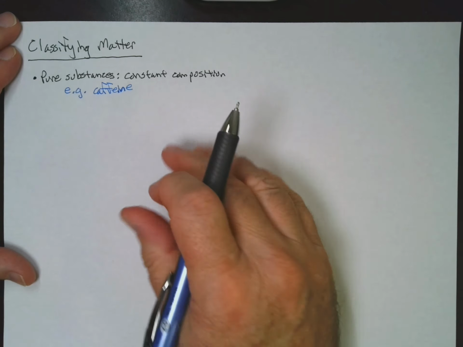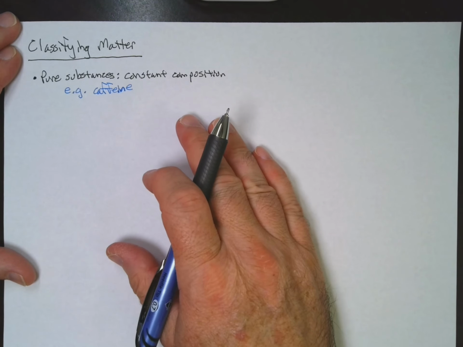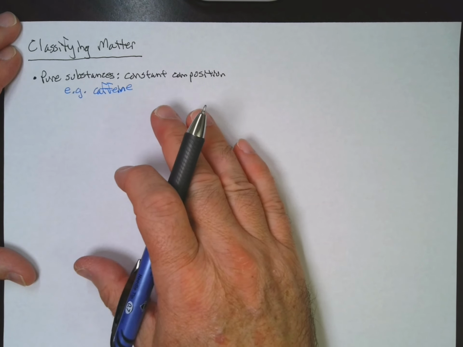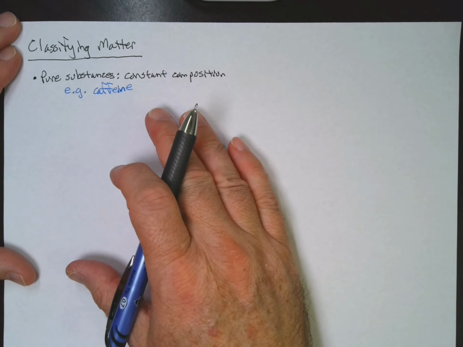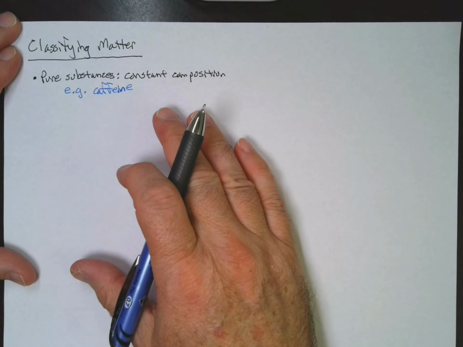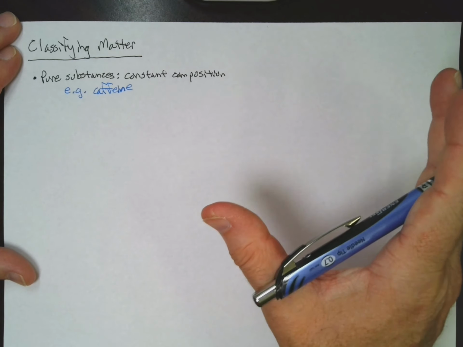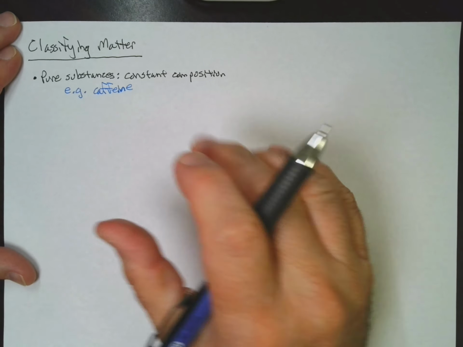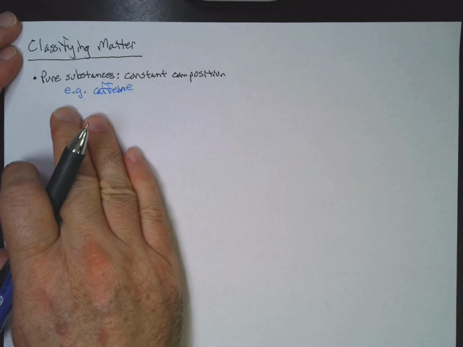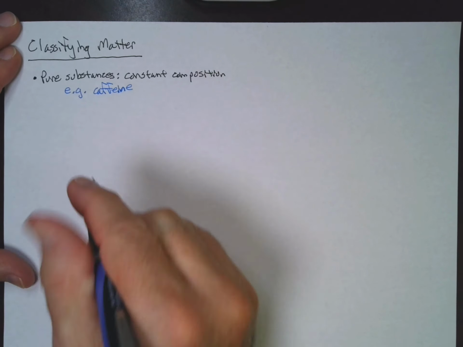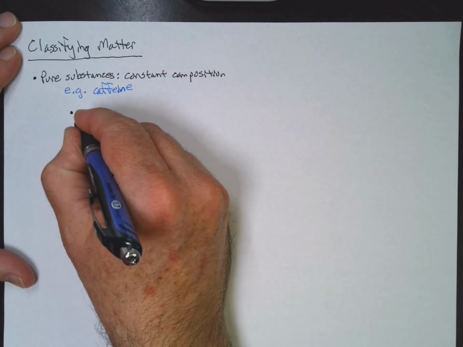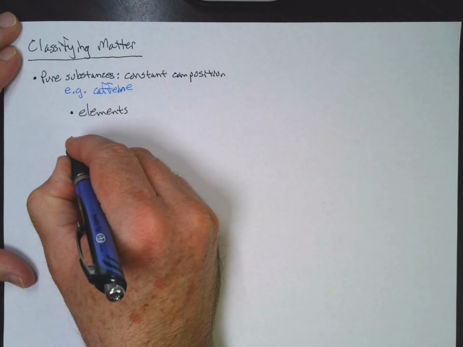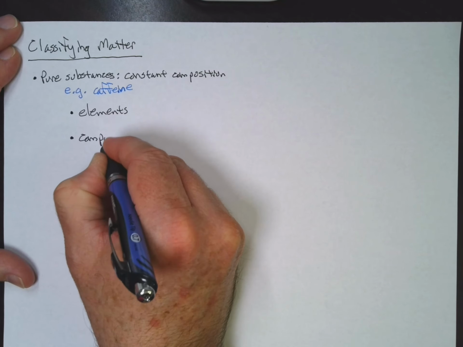Pure substances are composed of individual bits called atoms, and we'll get to that in just a minute. Let me think of a little bit different way to approach this. So our pure substances could be elements or they could be compounds.